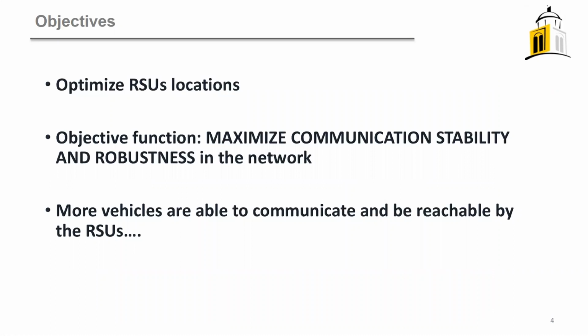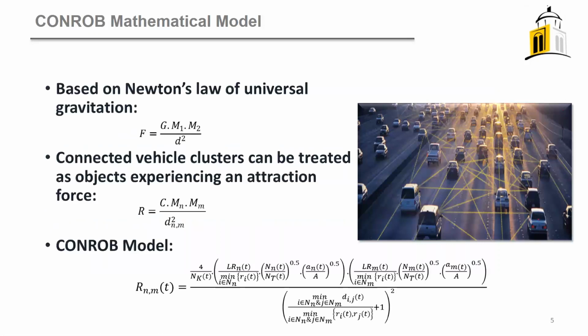But the question here, how can we quantify or measure the communication stability? This will be using the ConRAP mathematical model, or the connectivity robustness mathematical model that I developed as part also of my dissertation research. It's based on how vehicles are clustered in the network. So for instance, if you look at the image here to the right, given a specific market penetration in this network, we might have vehicles clustered as we see here.